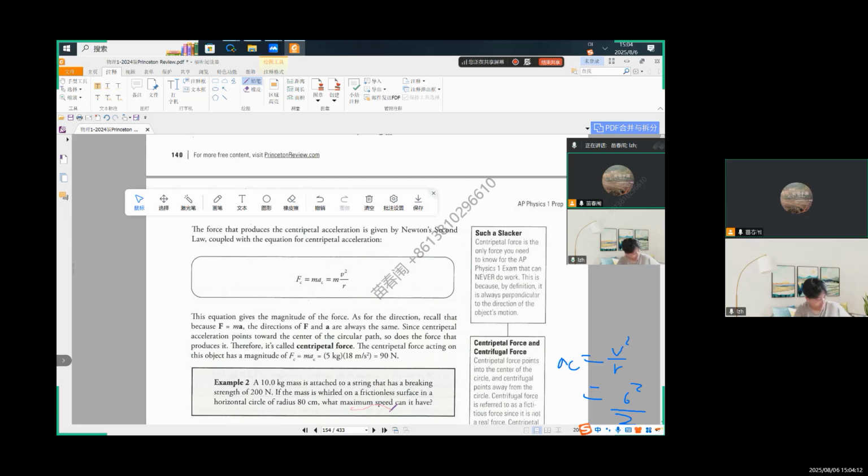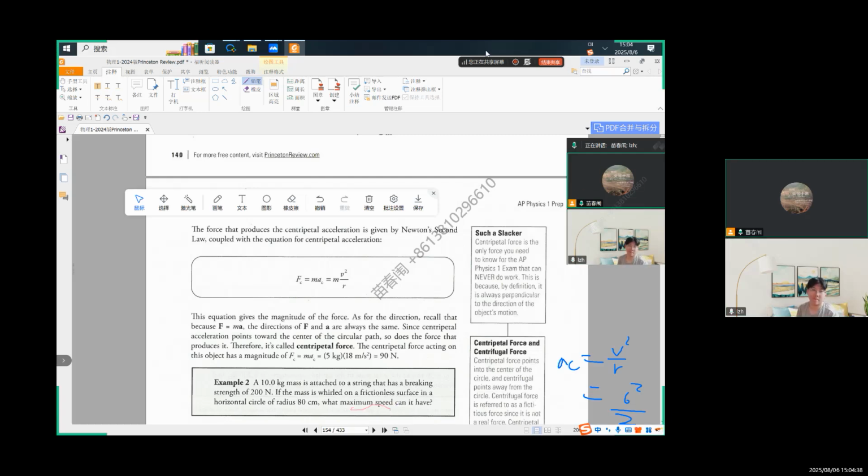What is 20 times 0.8? Yeah, 16. 16 equals V squared. So V equals 4 meters per second.